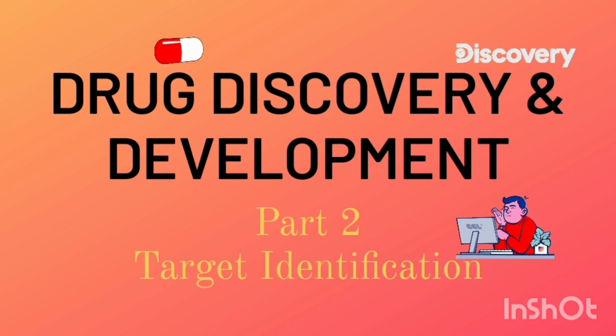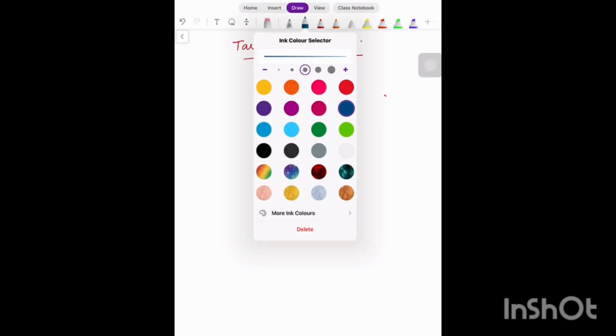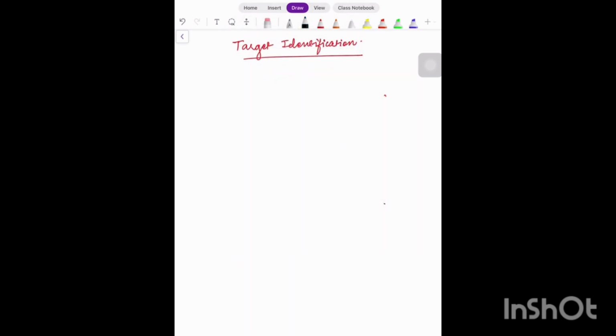So in this lecture today, in continuation with the previous lecture, we'll study target identification. A target: every drug has a specific target in the body.